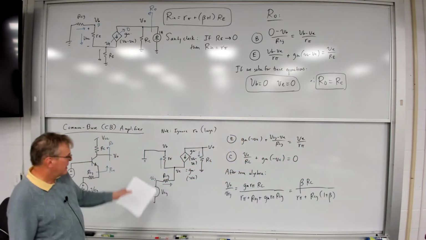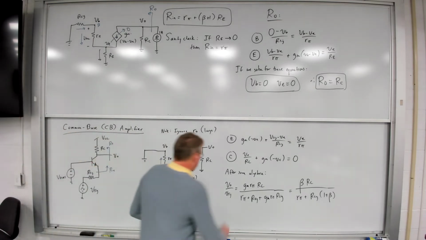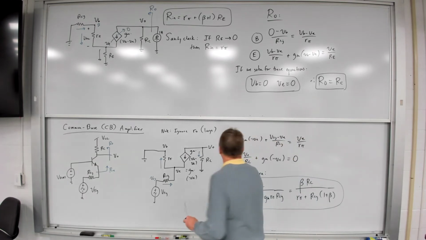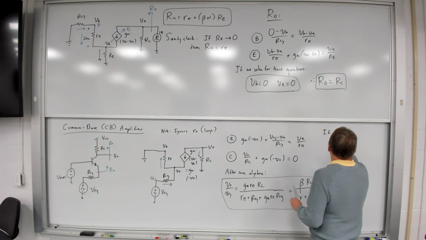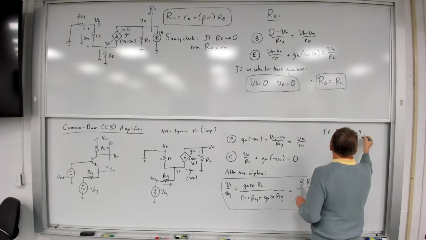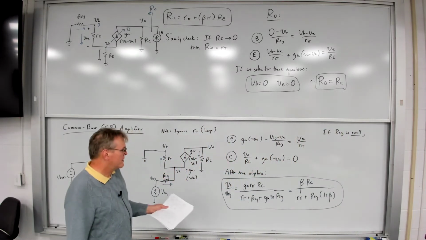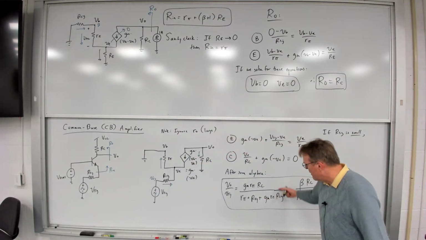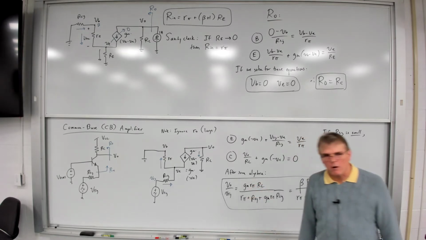Now we note, if Rsig is small, so if Rsig becomes tiny, then this term and this term go to 0, and I wind up with gm r pi RC over r pi.